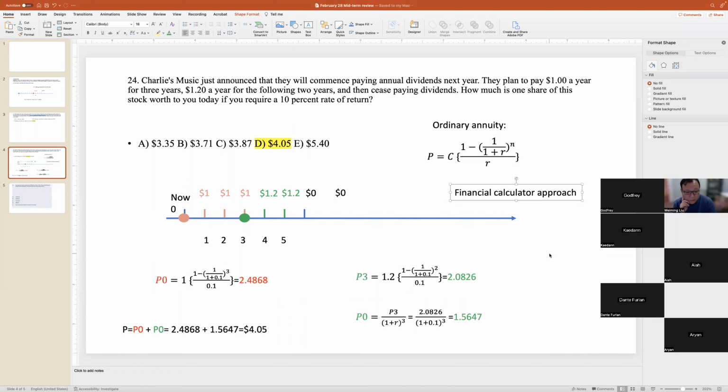Okay, good. So if you understand all this, yeah, you can do that. If you use that formula, if you discount each of the 5 cash flows, it may take a little bit of time to do the calculation.